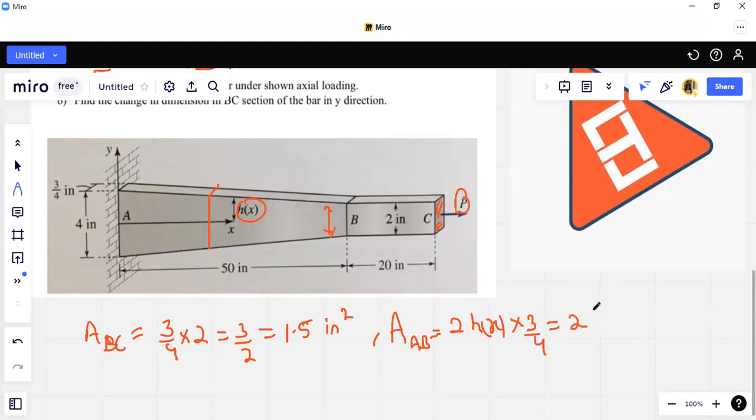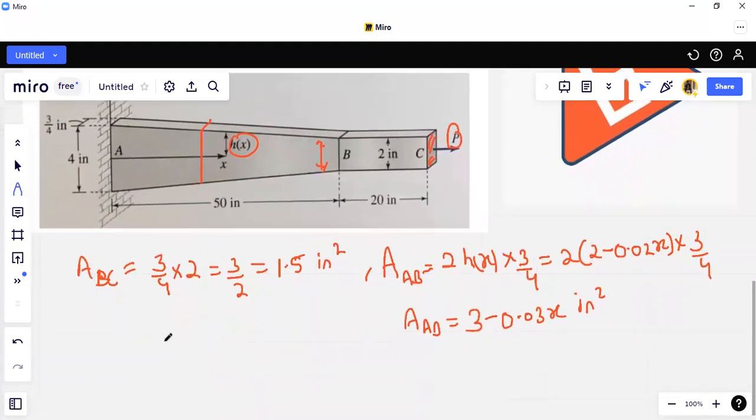So we can write 2 multiplied by (2 minus 0.02x) multiplied by 3 by 4. So the area of cross section of AB will be 3 minus 0.03x inch square. So we have now written the area of cross section of AB and BC.